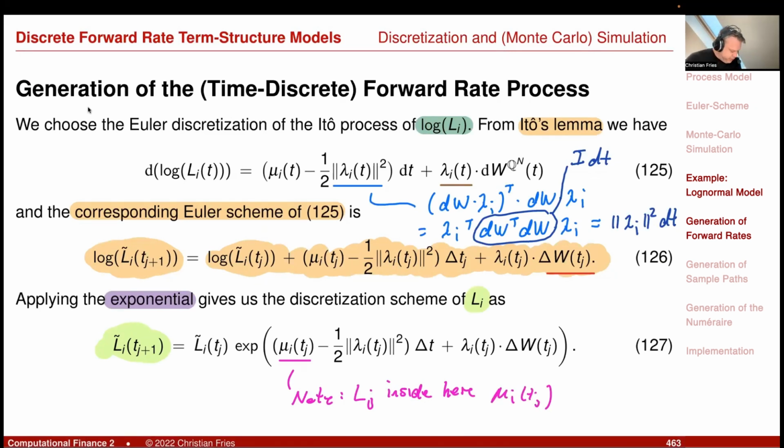Maybe I cannot use j now because j is my index for the time discretization. So you have a plus or a minus, you have some sum, and this sum is now running over all other forward rates, over some L, and there is the sigma i, Lj, sigma j, rho ij.